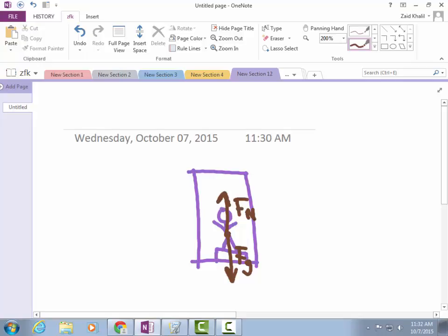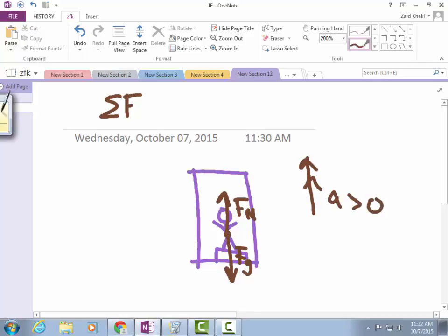So, I write Newton's second law. And this is accelerating upwards, right? So that means acceleration is going up. And what are we calling up? Positive. So a is greater than 0. Okay? We write Newton's second law. What's on the left side? The free body diagram. What do we get?